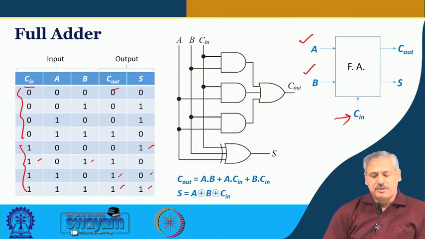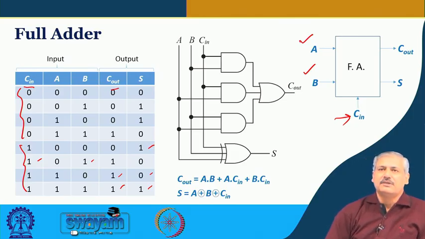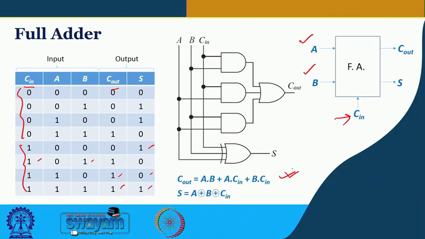So, how do we write the Boolean equation for this? We can use a Karnaugh map for minimization, or we can take the min terms and do algebraic manipulation, and by that we can find that carry out is A B, A C in and B C in.